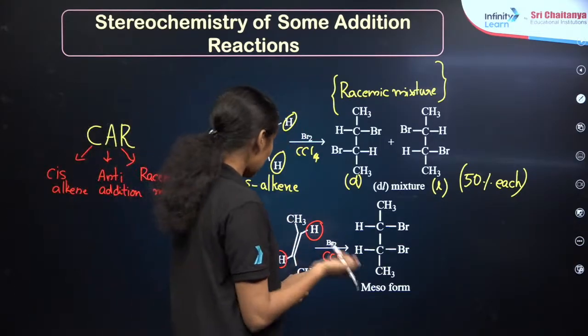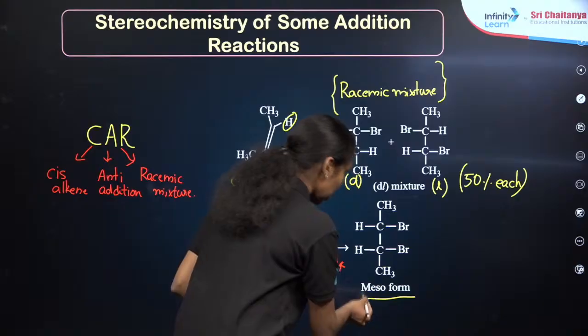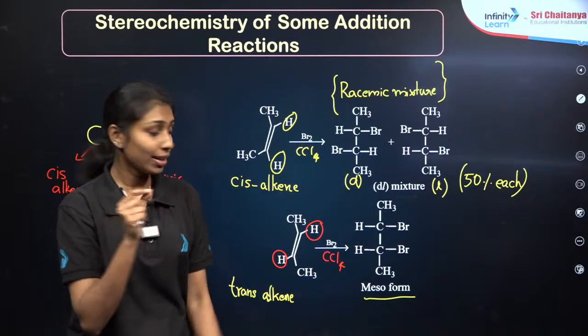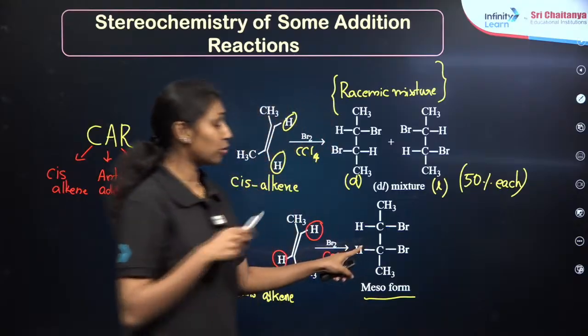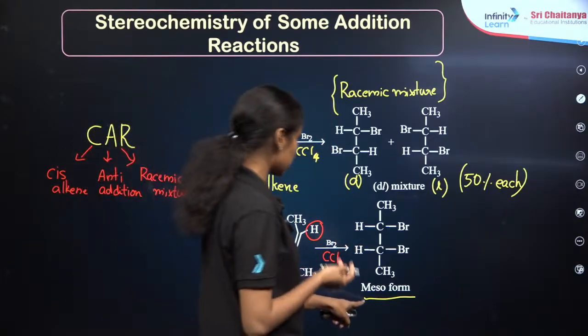So what I am observing here is the meso form, right? Meso form means you have achiral centers. If you consider these compounds, there will not be any optically active centers. So this will be our meso form.